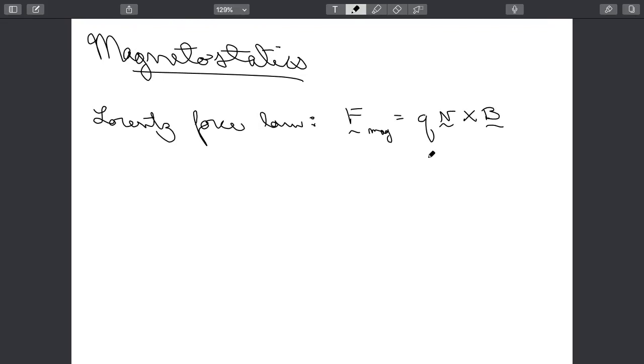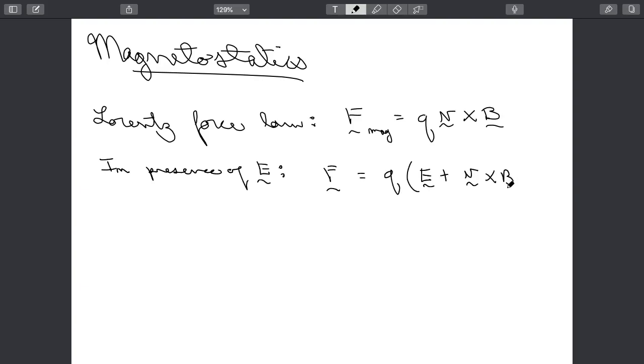The total force, in presence of an electric field, would just be q times E plus v cross B. Again, this is something that you know quite well.